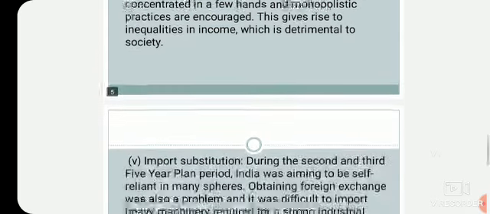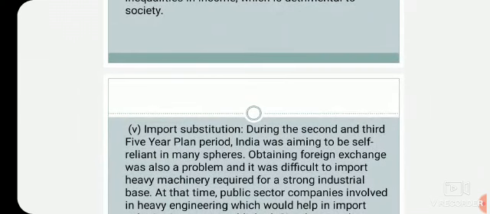Next one is import substitution. During the second and third 5-year plan, India was aiming to be self-reliant. Obtaining foreign exchange was also a problem, and it was difficult to import heavy machinery required for a strong industrial base.